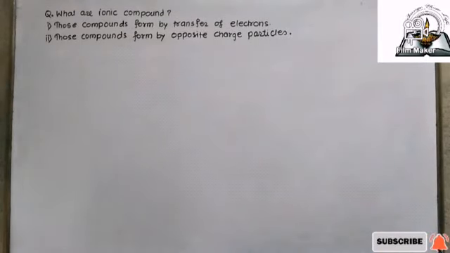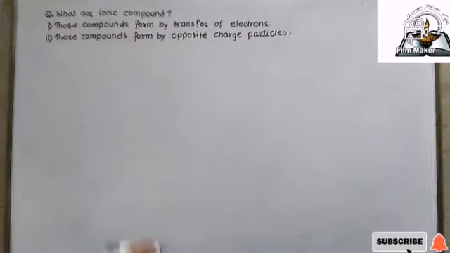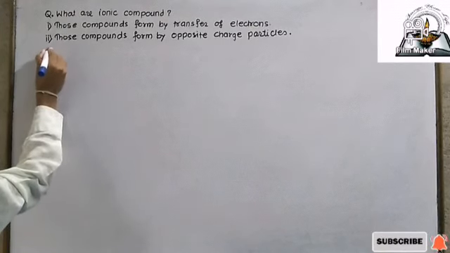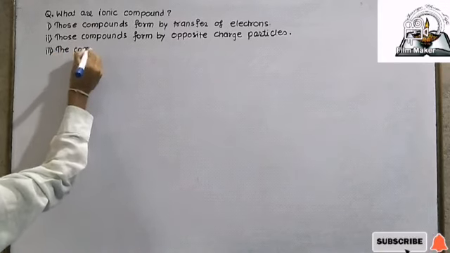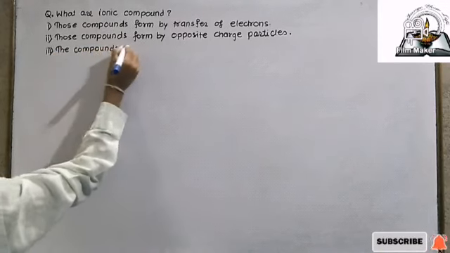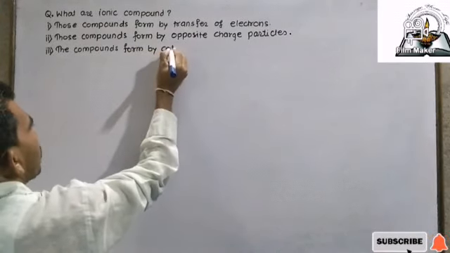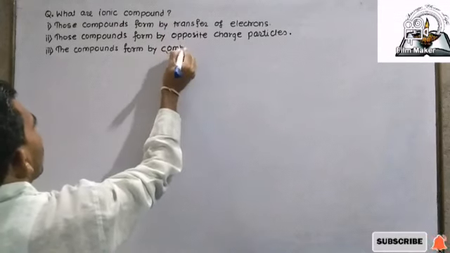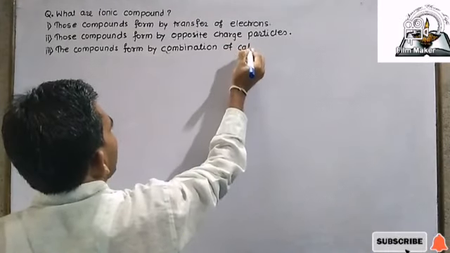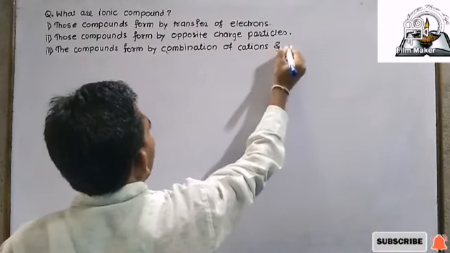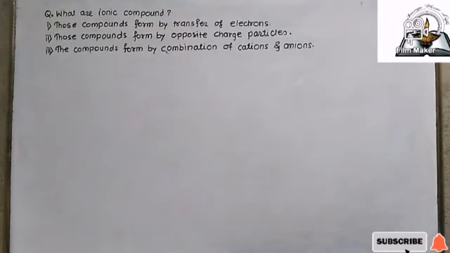यामध्ये एक इलेक्ट्रॉन डोनेट करणारा म्हणजे कॅटायन राहील आणि एक म्हणजे इलेक्ट्रॉन गेन करणारा तो म्हणजे ऍनायन्स राहील. तर आपण याचे डेफिनेशन्स किंवा मे बी थर्ड पॉइंट्स we can write, that is the compounds formed by combination of cation and anion are called as ionic compounds.